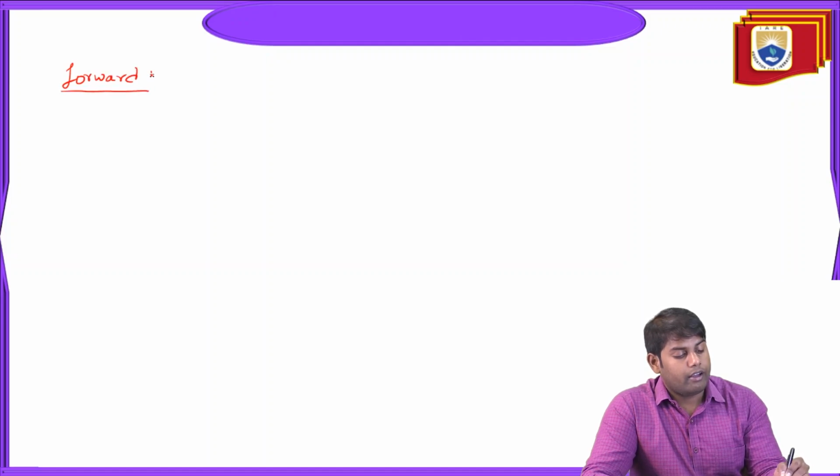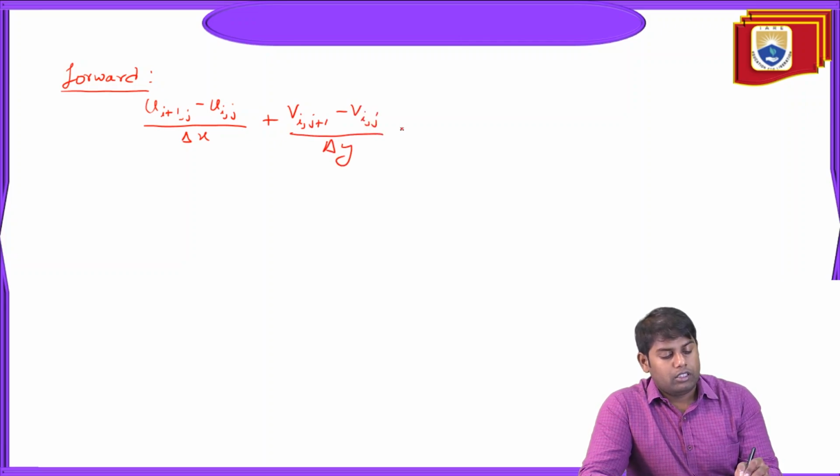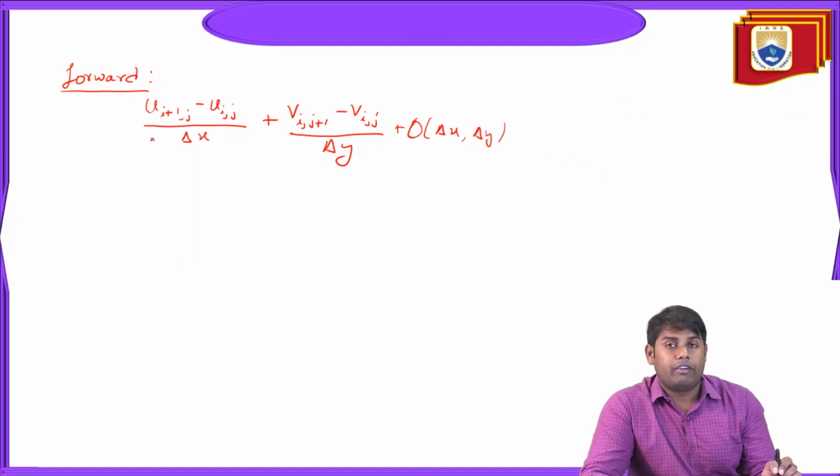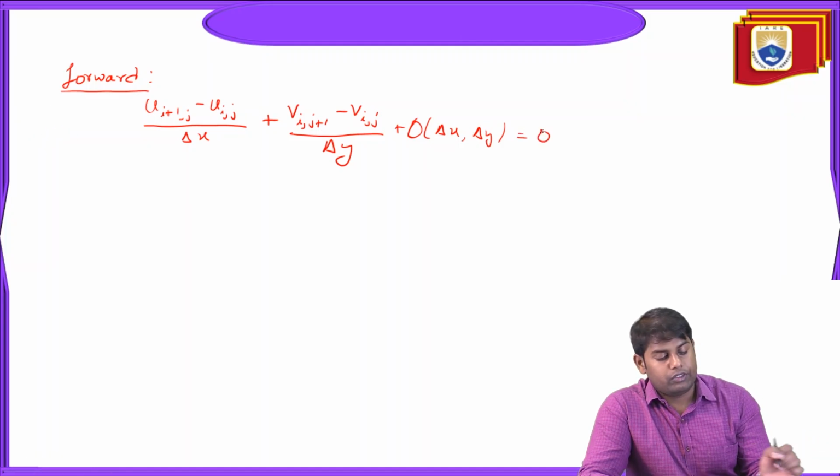So what do we have for the continuity equation? u of I plus 1 comma j minus u of I comma j divided by delta x plus v of I comma j plus 1 minus v of I comma j divided by delta y, which is of order of accuracy delta x comma delta y, equal to 0. So this is what we have.